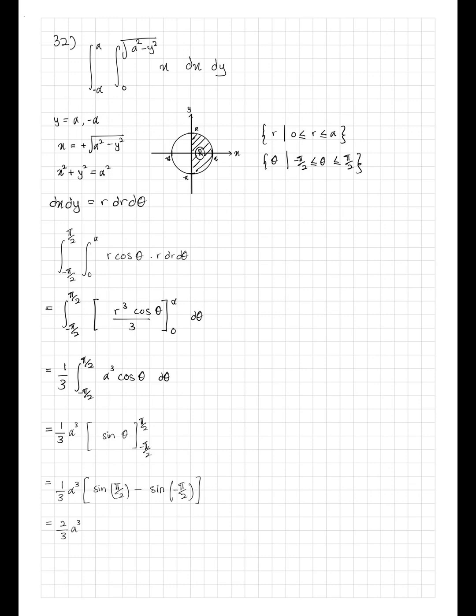And then we substitute the integration into polar coordinates, and we have limit pi over 2 until negative pi over 2, alpha until 0, r cos theta times r dr d theta. Then we integrate dr first, and we get r cubed cos theta over 3. Then we integrate with respect to d theta, and the final answer we have 2 over 3 alpha cubed.